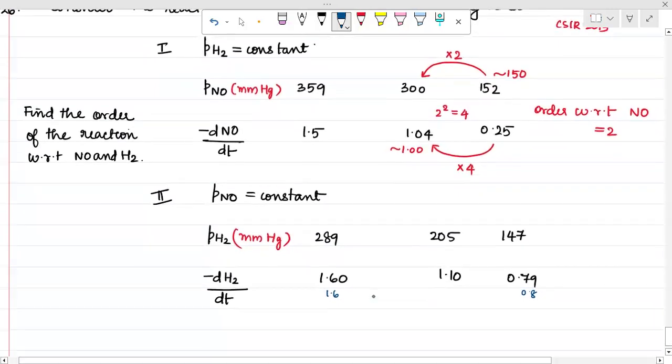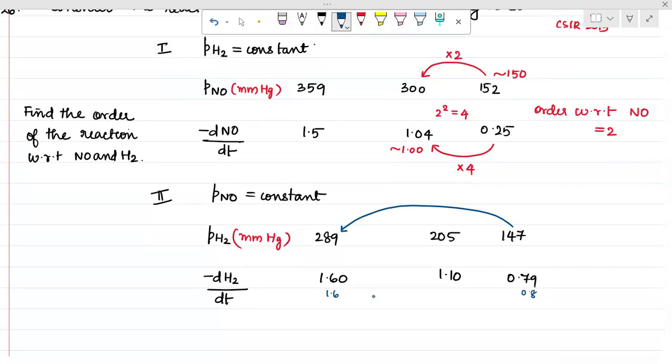It's very easy. We can relate these two, let's say 147 and 289. How are they related? 147 into 2 is actually 294. It is 289, a difference of 5, that's fine.